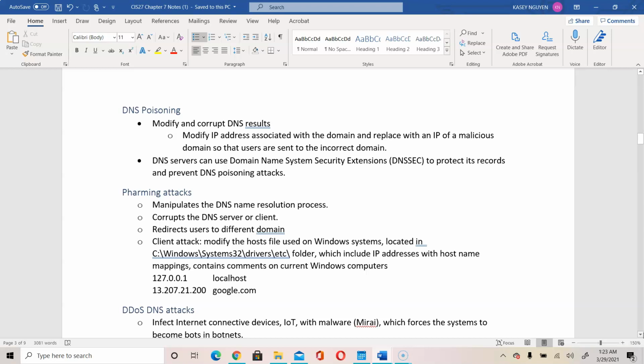That file contains IP addresses with host name mappings and comments, such as, for example, this is the IP address and this is the name of the system. This is an IP address and this is the domain of the system. So the attacker can manipulate or take advantage of the vulnerability of the system by using the DNS records in their attack.